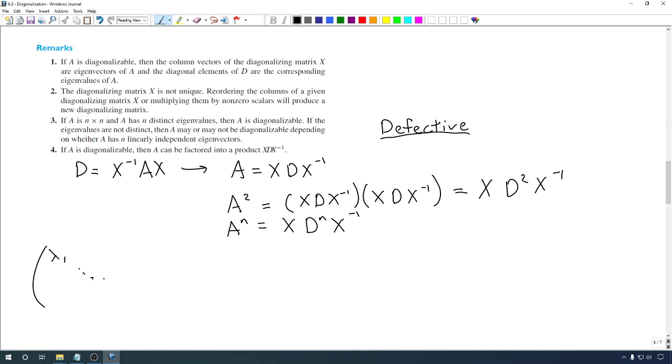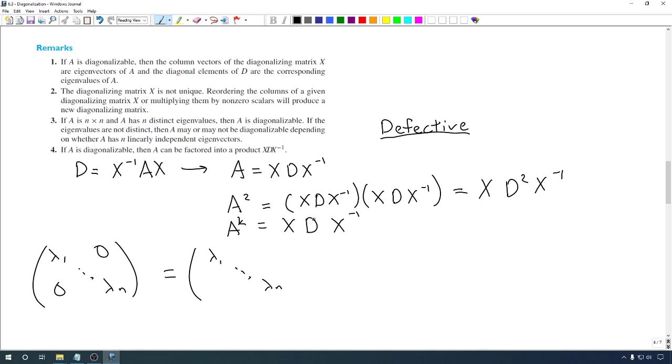We have our diagonal matrix with our lambdas to the nth power. Multiply all those together, you just get lambda 1 to the n through lambda n to the n. Actually, I should probably not use n here. Let's change this to k. I don't want to use the same letter as the size of the matrix.